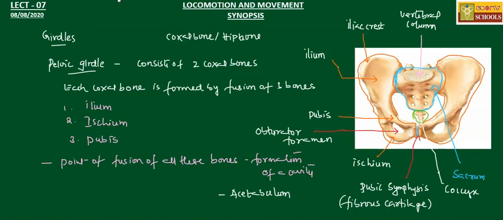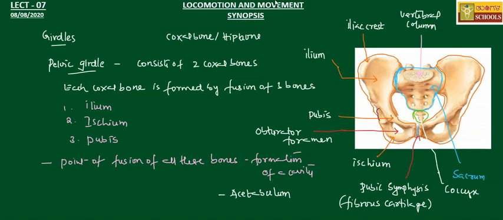These are the parts of the coxal bones, and here is one more point. You find a small cavity here.